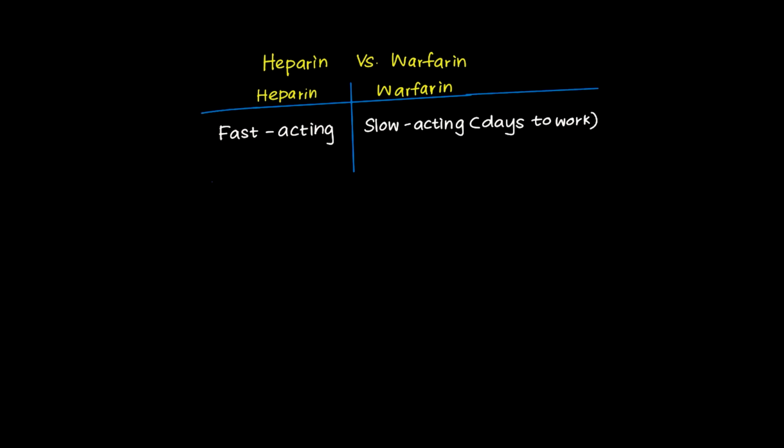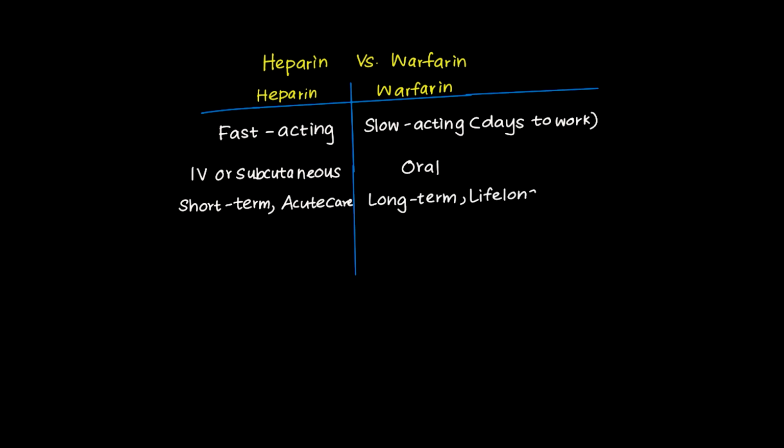Heparin, by contrast, is fast-acting, given IV or subcutaneously, and used in acute care for short-term anticoagulation. It is not taken orally because it is not effective through the oral route. Heparin is not for lifelong therapy. Warfarin is, and warfarin definitely does not work immediately, so any option claiming instant effect is wrong.